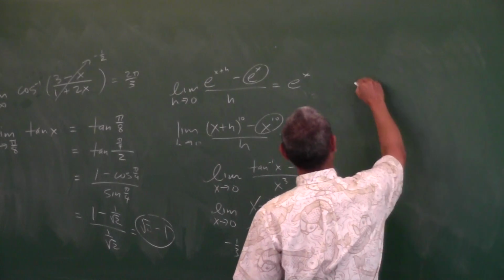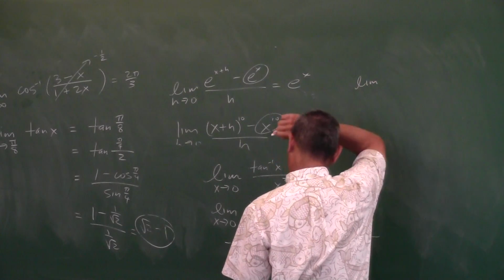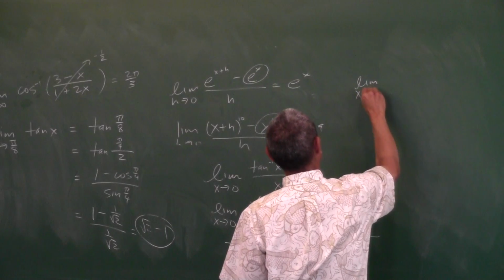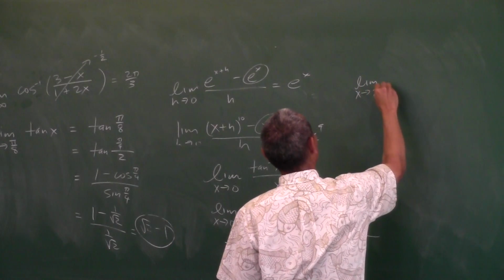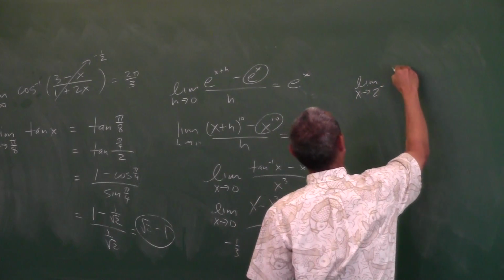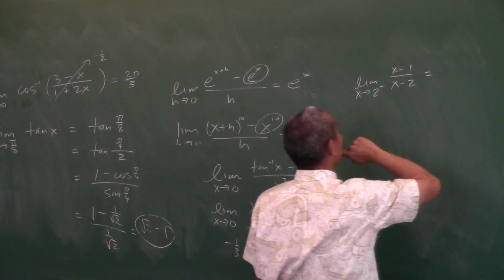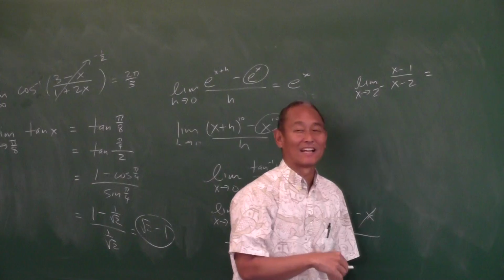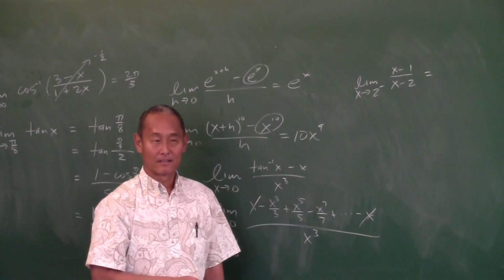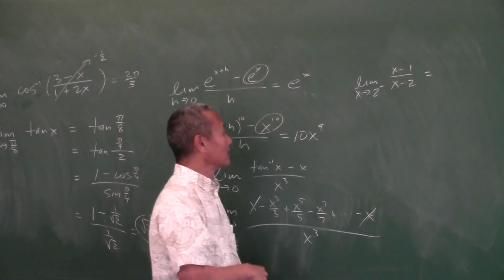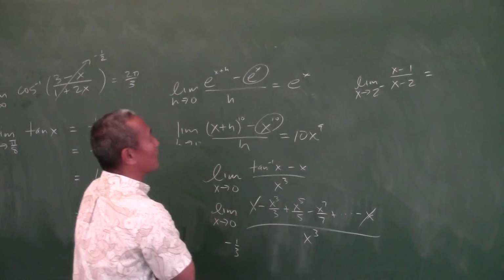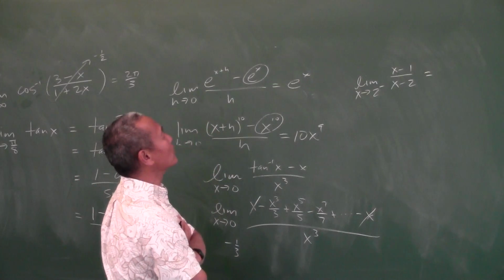Okay, what's another one? Limit as x approaches 2 from the left of x minus 1 over x minus 2. When I put from the left, it's kind of like a hint already. What's the first thing you do? You plug in the number. What happens when you plug in 2?